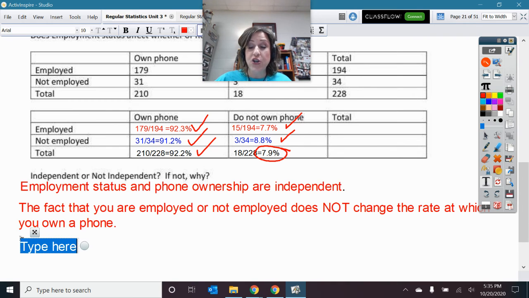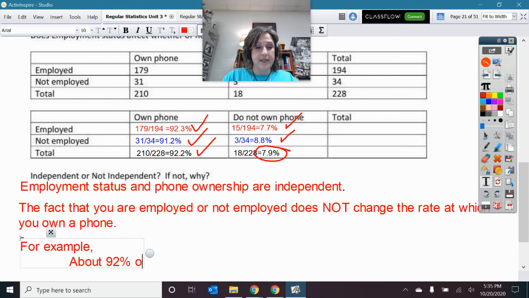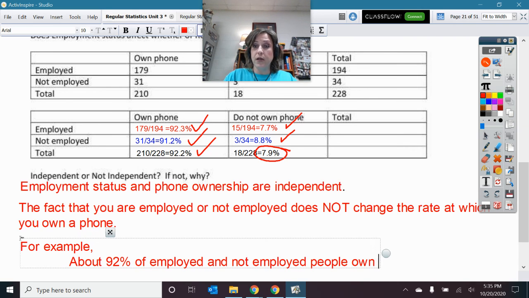So here we go. Let's have statistical evidence. For example, since these are the same, we can say about 92% of employed and not employed people own phones.